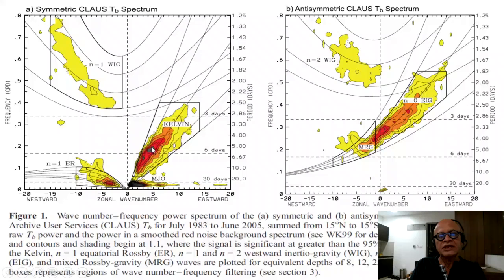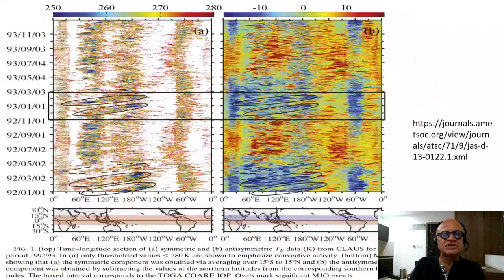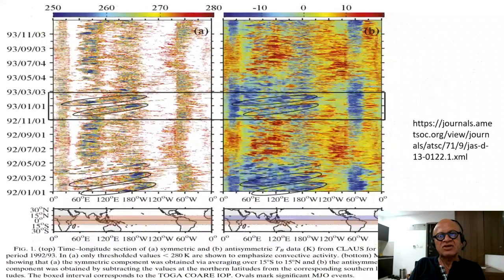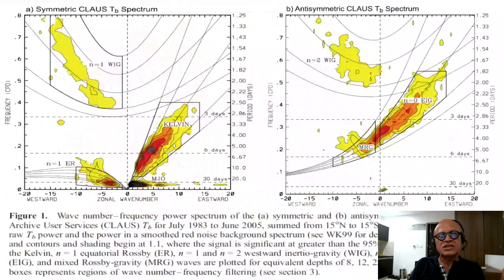This is for July 1983 to June 2005. I'm mixing this data with this one because this nicely shows the symmetric and antisymmetric components, and this shows the spectrum, but they all should look the same.